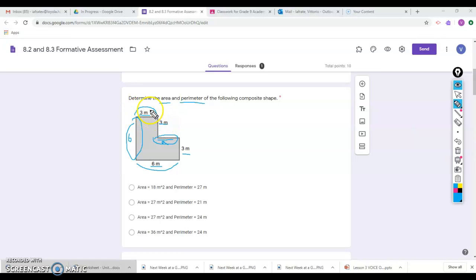So, just to show you what I would do, 3 meters plus side A would have to be equal to 6 meters. So if you were solving for A, which is really what you're doing when you're doing this, you would get A is equal to 6 minus 3, and so that would be 3. So this is 3 as well.